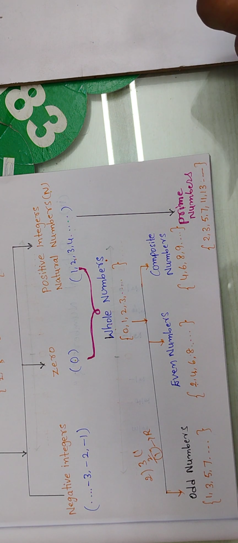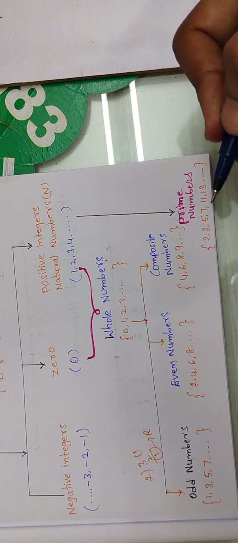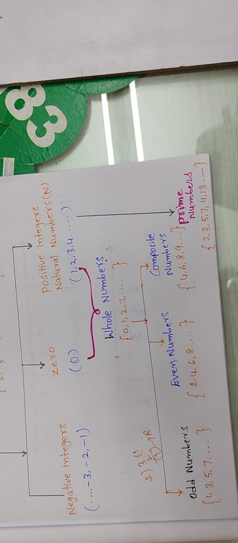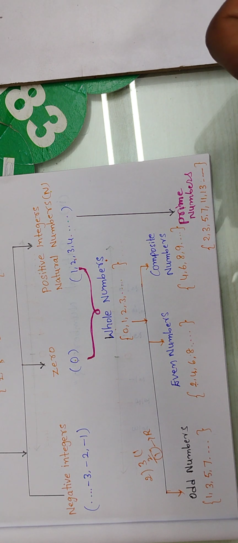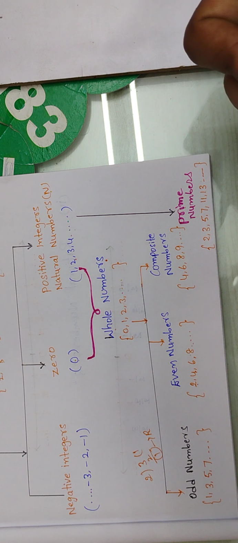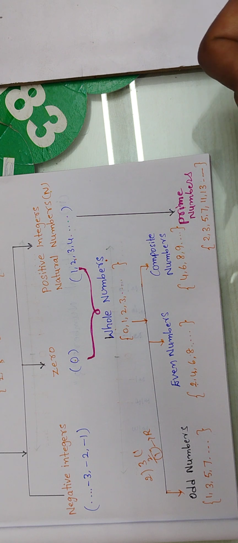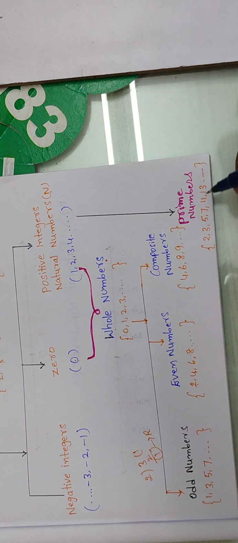A prime number is a number having only two factors: 1 and the number itself. Any number having only two factors, 1 and itself, we call a prime number.